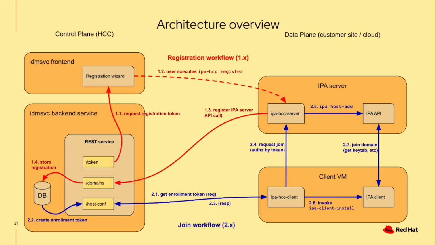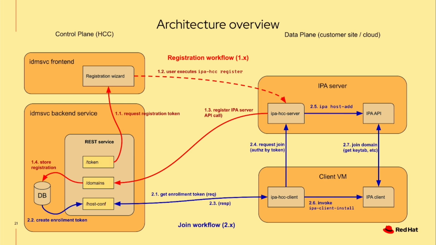And then the client machinery will send a request to the IPA HCC server plugin API on the IPA server to say, hey, I'm here. Hybrid Cloud Console, the IDM SVC service, told me about you. Here is a signed authority to join. Can you please prepare for me to join? And it will go and do a host add, so it will define the host entry for that new VM that has just come alive and reported in.